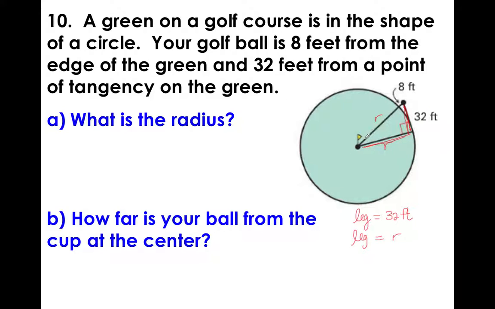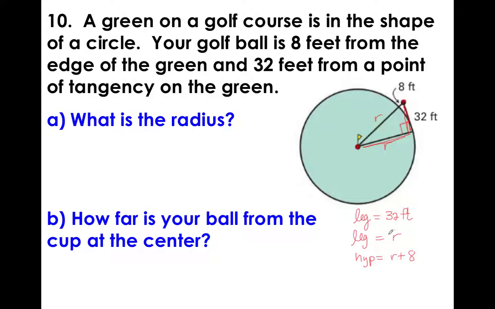So that means that my hypotenuse, which goes from the center of the circle to the point where my golf ball is, from the center to the edge of the circle is R, but from the edge of the circle to the ball itself is actually R + 8.